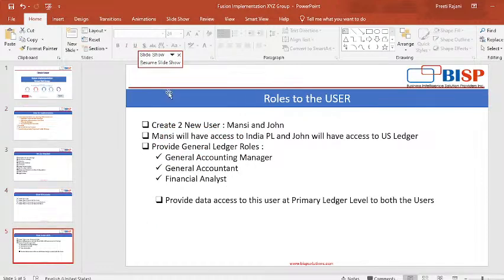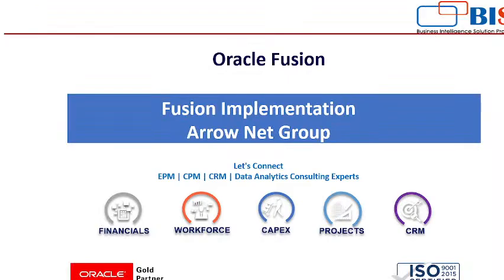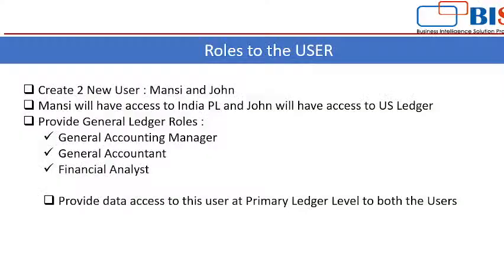You can see here on my screen that these are the steps that you have to follow. You have to create 2 new users, that is Mansi and John. Mansi will have access to Indian primary ledger and John will have access to US primary ledger.